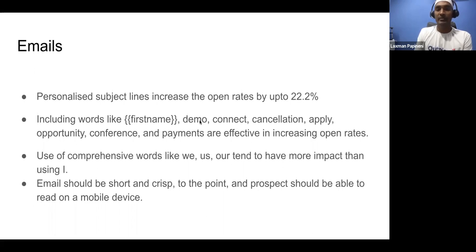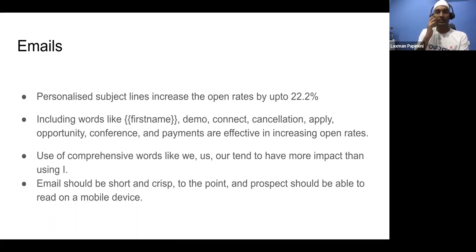These words in subject lines tend to work better: first name, demo, connect, cancellation, apply, opportunity, conference, payment. For example, if you want to write about a cancellation, you can say cancellation and your competitor name. If you're selling a product, you can say, "Have you canceled your Outreach subscription, first name?"